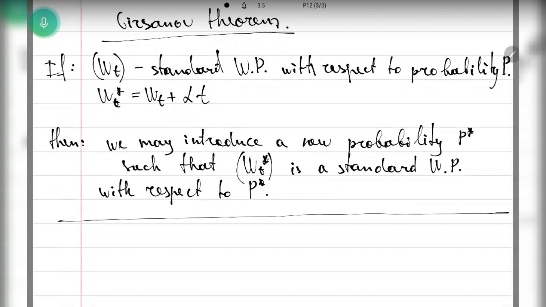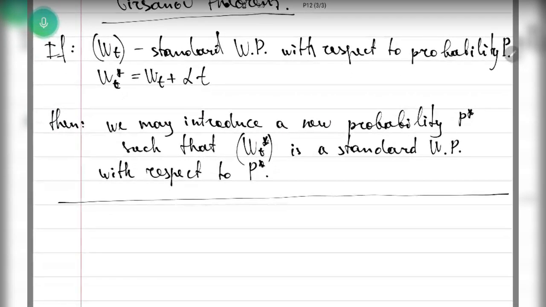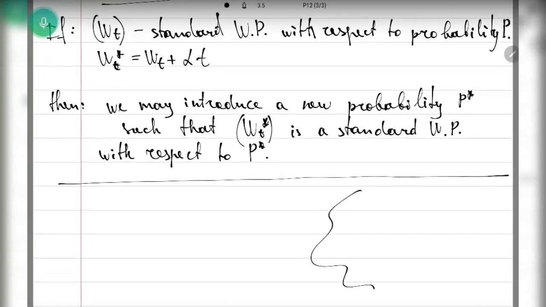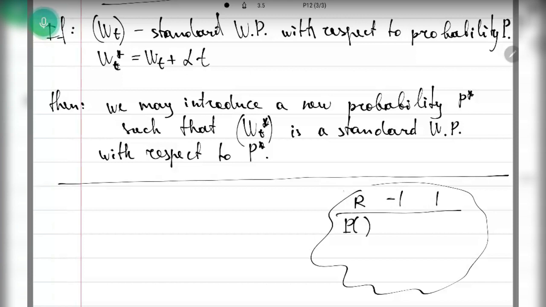So what does it mean, two probabilities? Imagine that you have a random variable, let's say R, that has two values, -1 and 1. And one guy believes in probability P, and he believes that the probabilities are 0.2 and 0.8. And the other guy believes in probability P star, and he believes that the probability of -1 is, let's say, 0.6, and the probability of 1 is 0.4.